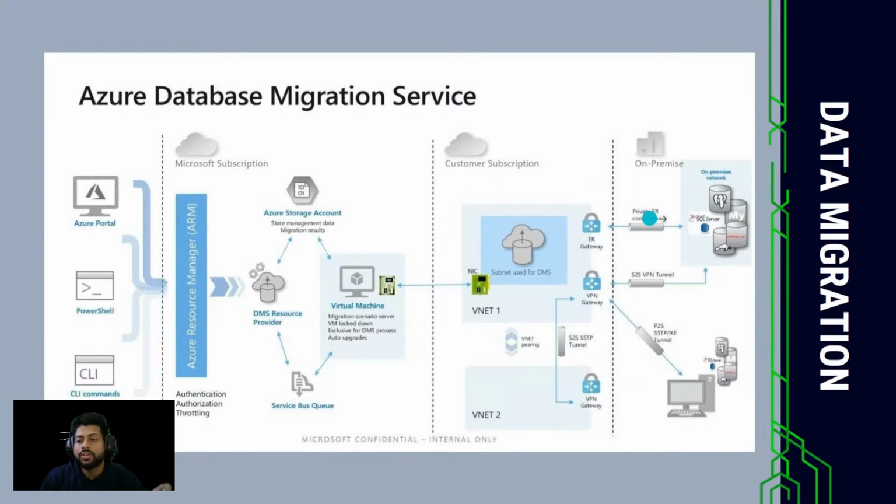Or you can directly connect with the private gateway. Any one connection you can use to get access. So this is how the background infrastructure looks when you are using the data migration service and accessing your own data through the cloud platform. Okay, that is an overview we have.